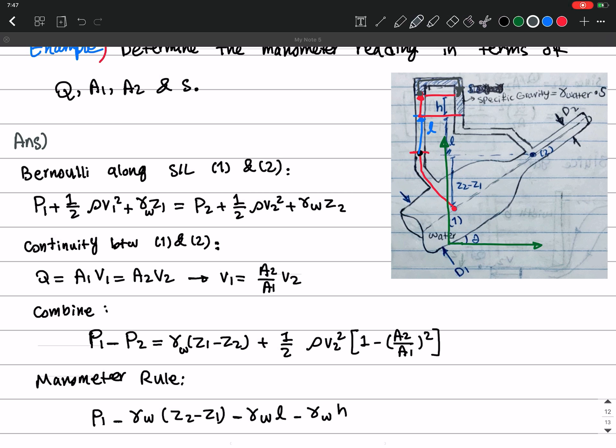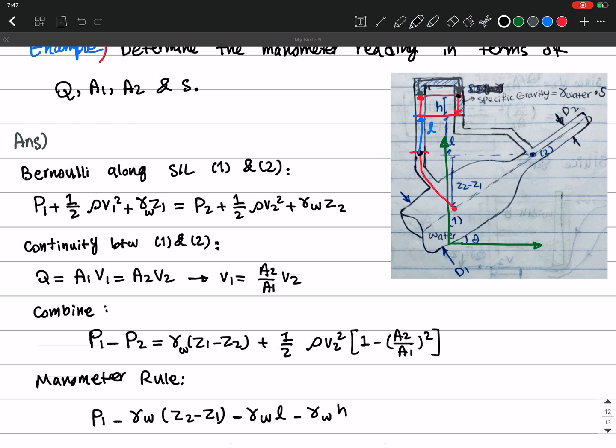And I have not changed the depth between here and here, so I am not going to add anything to my equation. And from this point to this point, I am going to a greater depth, so I have to add pressure to my current pressure.